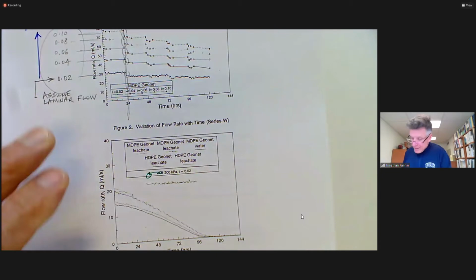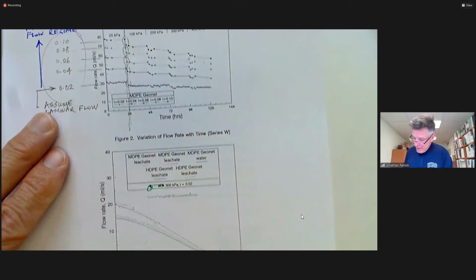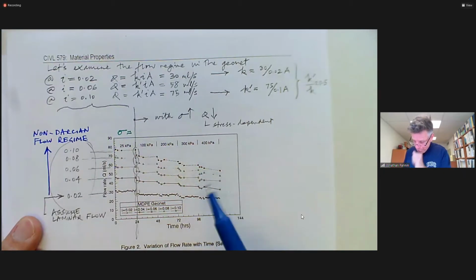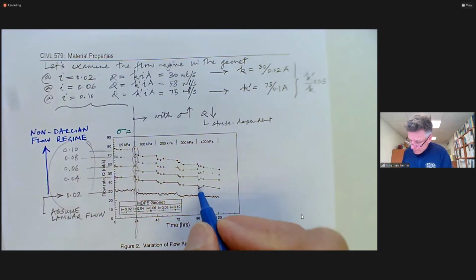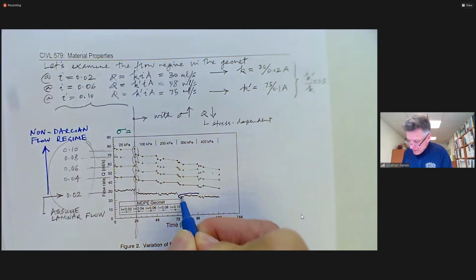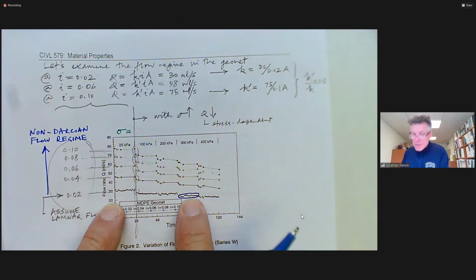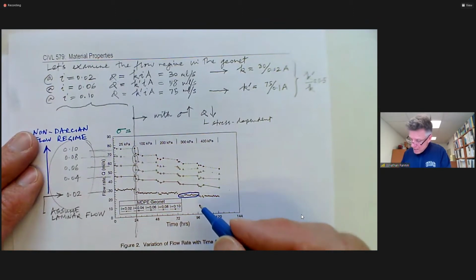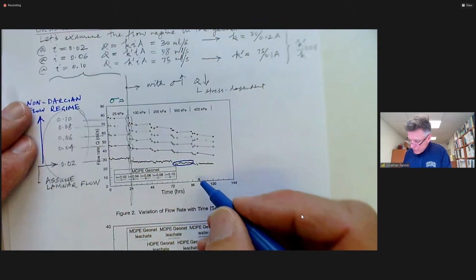So let's go back up to here. Sigma is 300 kPa, I is about 0.2. So that would be this set of data. The flow rate is about 20 milliliters per second. And those data are actually the data that are imported here.